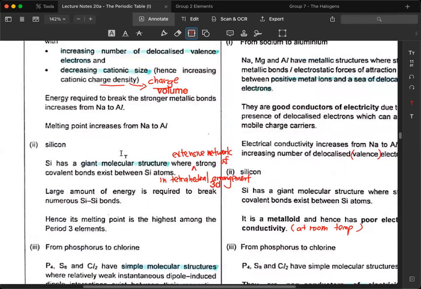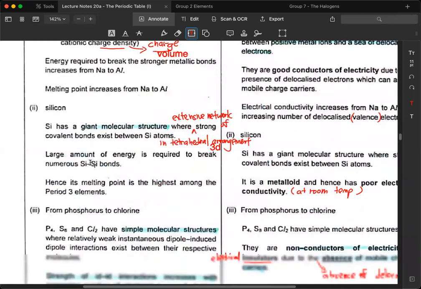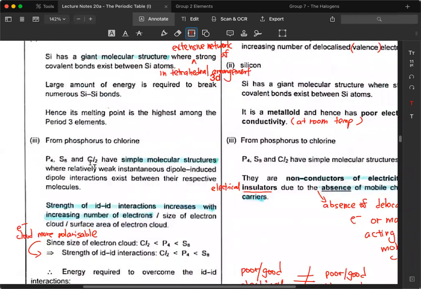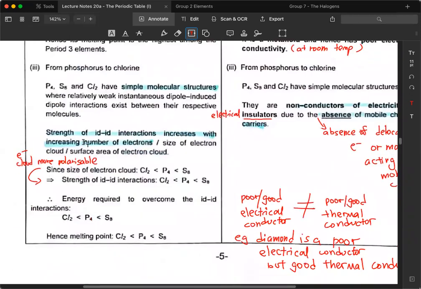The rest of it will be phosphorus, sulfur, and chlorine. They are simple molecular structures with weak instantaneous dipole-induced dipole interactions between molecules. The strength of these interactions depends on the number of electrons or the size of electron clouds. As we know, the molecular formula of chlorine is Cl2, phosphorus is not P2, it's P4, and sulfur is S8.